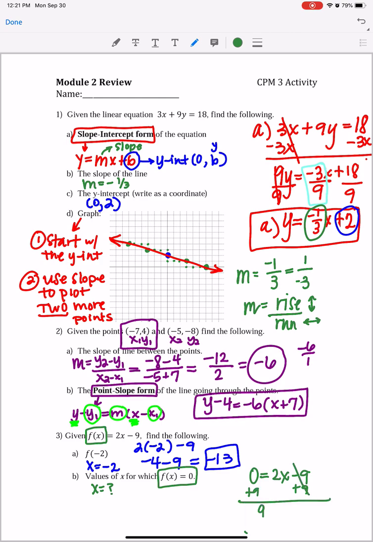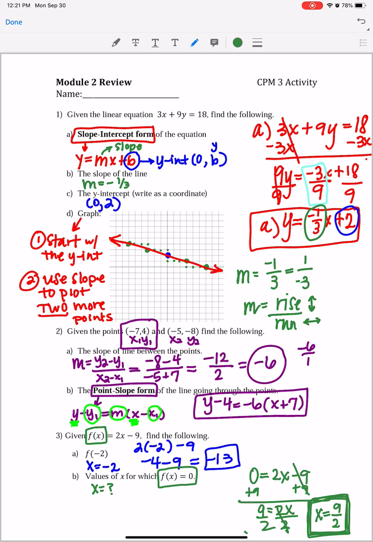So I've got 9 equals 2x. Divide by 2. Can you reduce that at all? No. So my answer here is 9 over 2. So that is our answer.